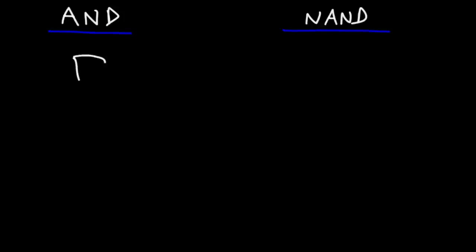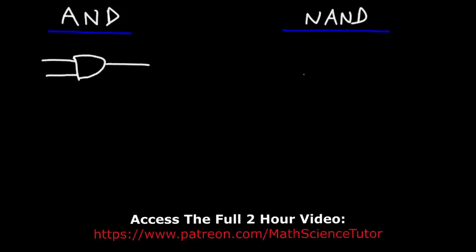Now, I want to talk about the NAND gate, but let's compare it with the AND gate. The NAND gate is basically the complement of the AND gate. So here is the symbol for the AND gate. The NAND gate symbol looks very similar. The only difference is we're going to have a circle at the end.